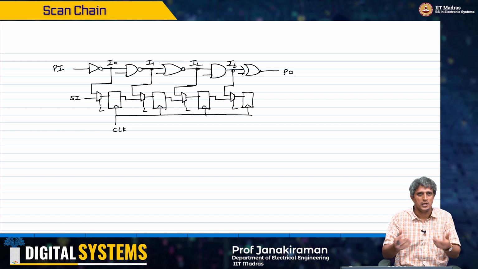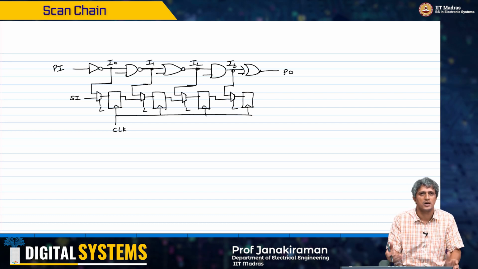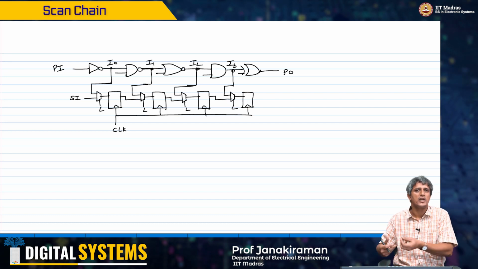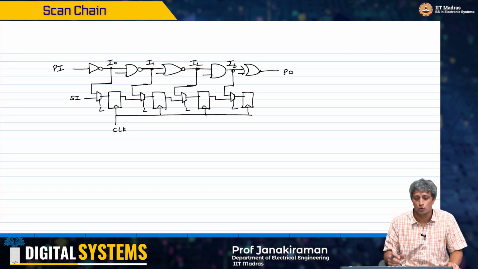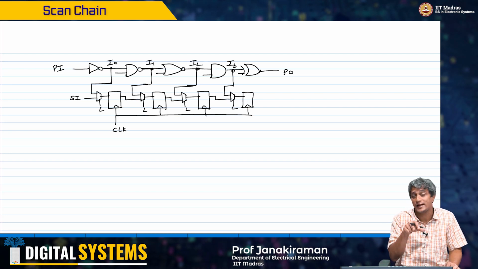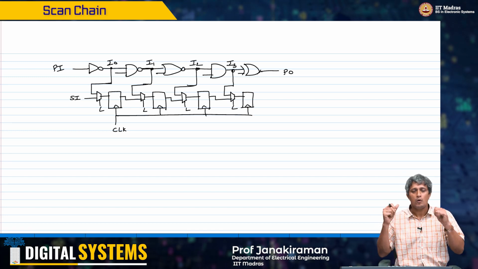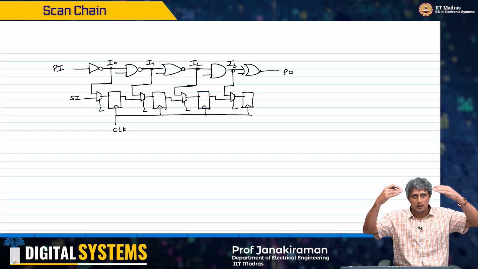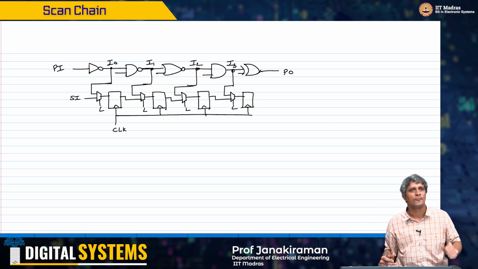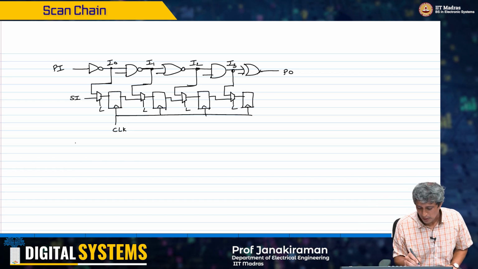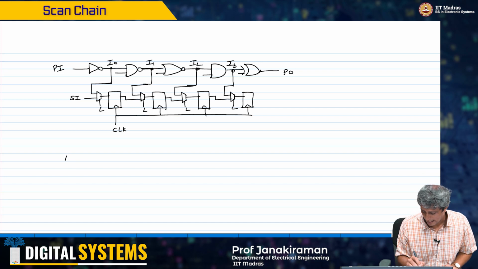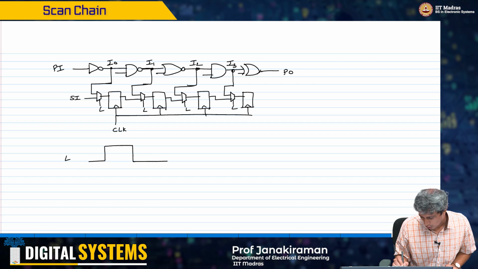Because this is a combinational circuit, in simulation you can easily figure out what the expected output is. You know the expected values of I0, I1, I2, I3. Now what you do is you take those 4 signals and simply pulse the load signal L.